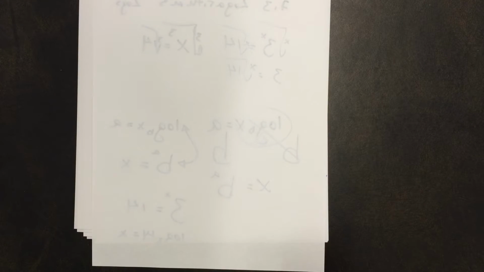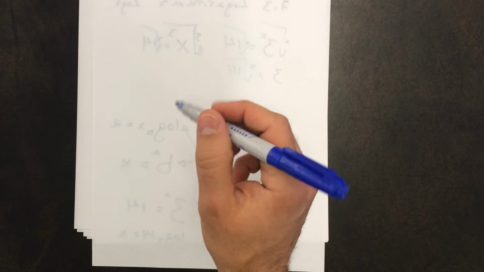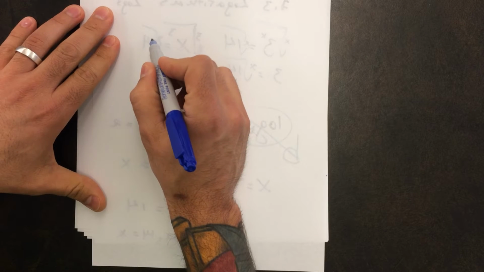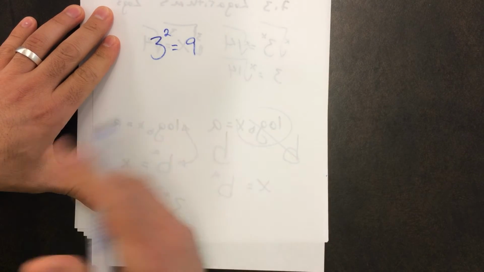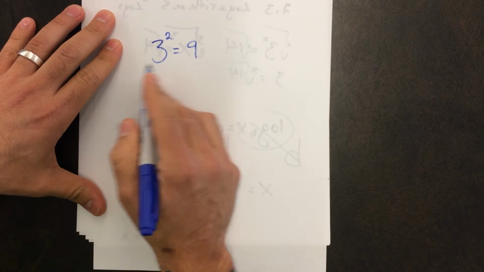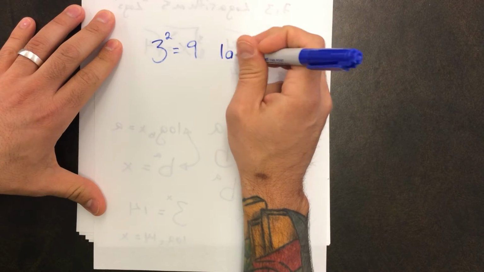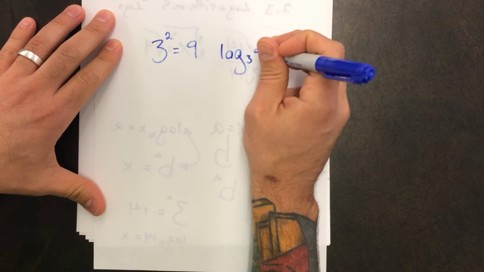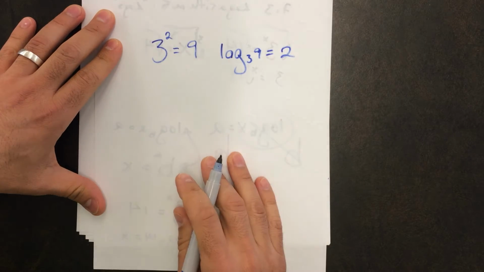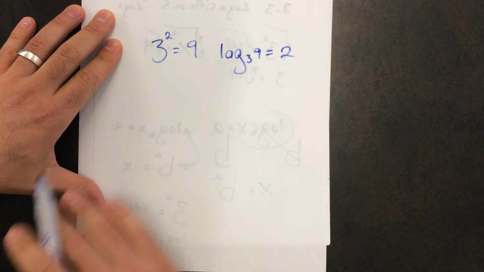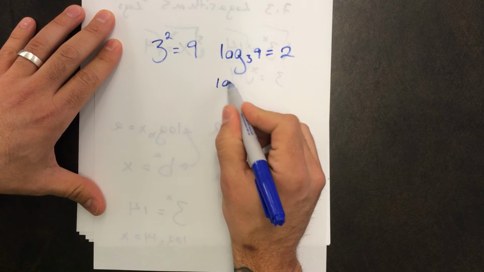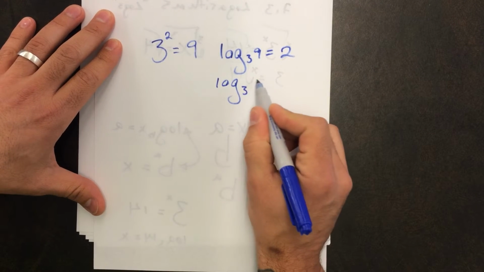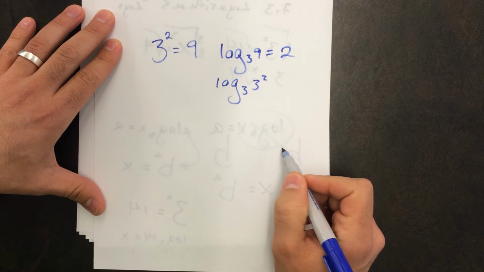Now, let's say that I have something simple that I already know. 3 squared equals 9. I know that that's true, okay? If I turn this into logarithmic form, I'm going to make it log base 3 of 9 equals 2. There's another way that I can write that 9 so that these numbers match. I can write it as 3 squared.